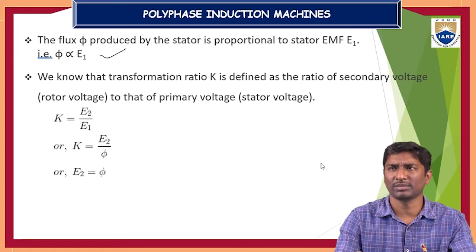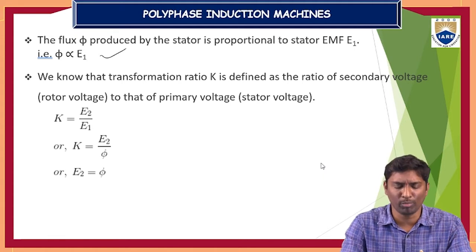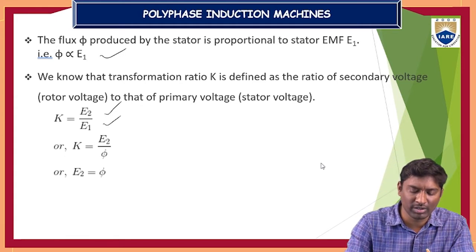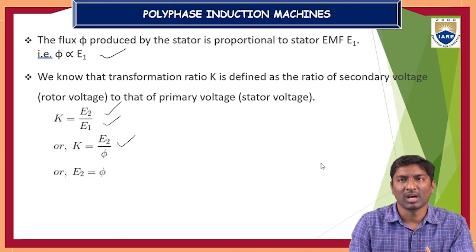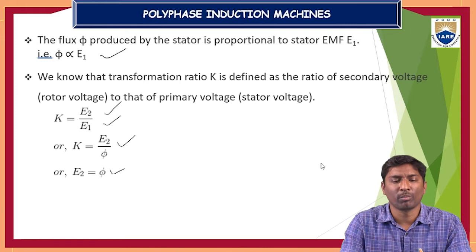In the induction motor we have stator winding and rotor winding, so K is E2 by E1, where E2 is the rotor voltage and E1 is the stator voltage. Or K is E2 divided by phi also, so E2 is equal to K phi.